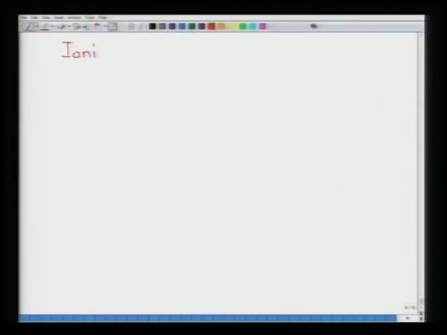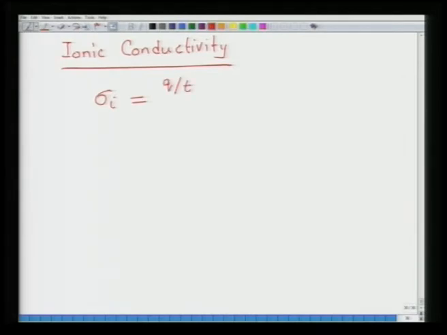Conductivity is expressed as sigma I, the conductivity of the I species, let us say, which is given as Q by t, charge per second, divided by area.